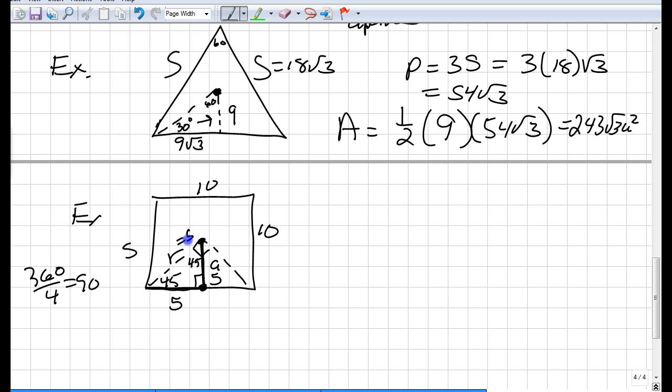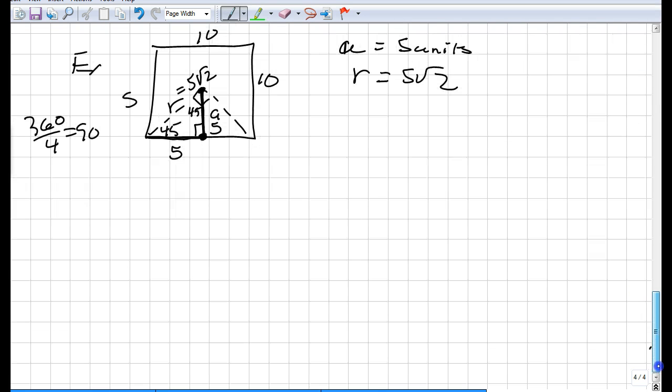And the radius must be 5 square root 3. I'm sorry, 5 square root 2. Thinking of a 30-60-90. So 5 square root 2. So the apothem is equal to 5 units, and the radius is equal to 5 square root 2 units. Okay. All right, and let's do one more example.